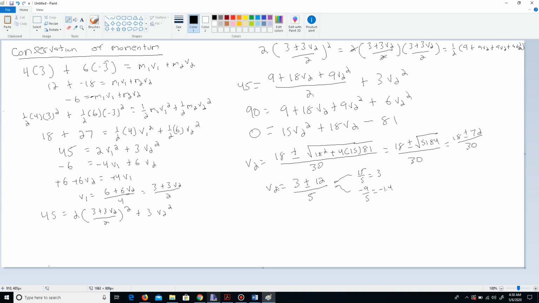Let me just double check my math here. I just want to go through and make sure I have everything right before I keep going. So when I square that, 9v2 squared.